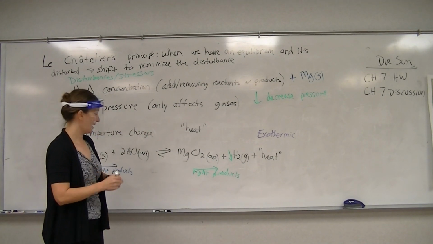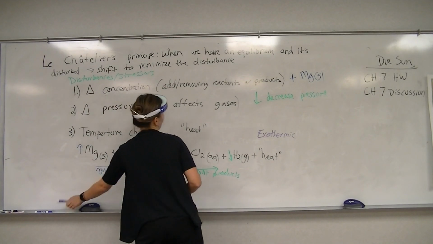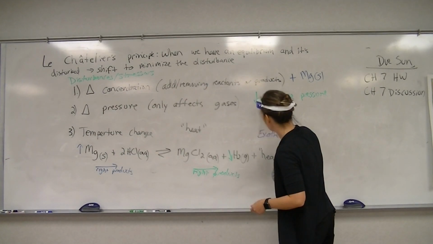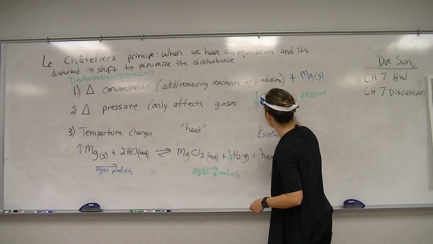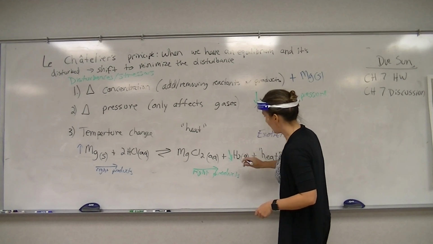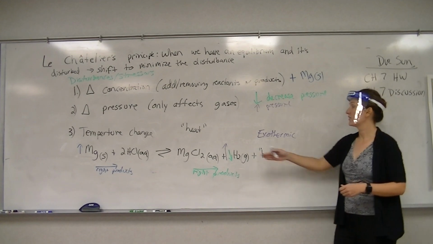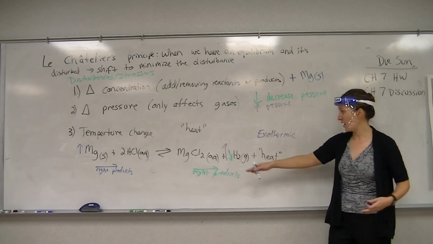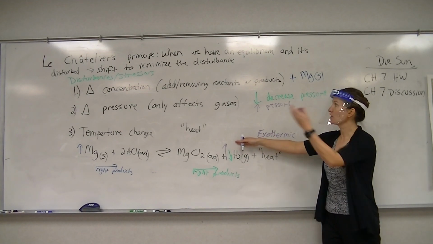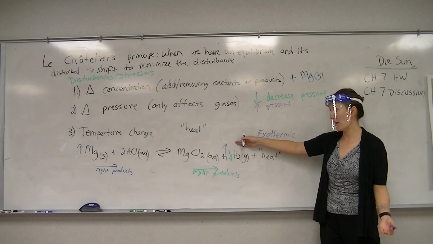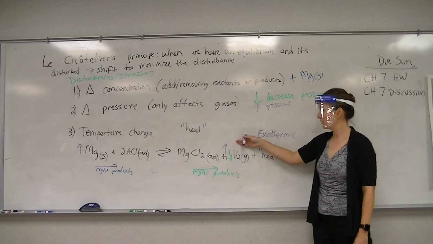If I would have gone the other way, like instead of decreasing the pressure, if I would have increased the pressure, that would have said, okay, my H2 gas is now more soluble, the concentration of the H2 gas is higher, I have too much of this. So Le Chatelier's principle is going to say, if you have too much, well, let's get rid of it. How do I get rid of it?